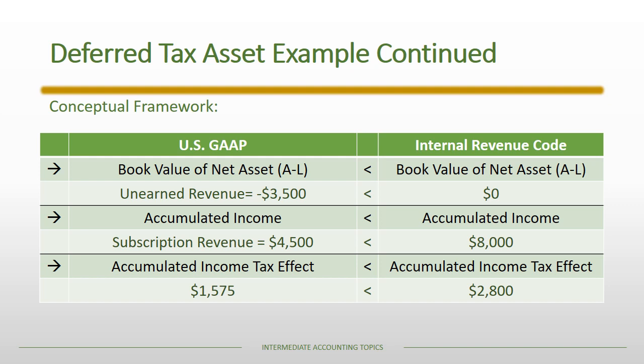And so each of them does have an income tax effect, but you can see the US GAAP income tax effect is less than the income tax effect under the Internal Revenue Code. And of course, that difference is $1,225, and that's the balance in the deferred tax asset account.